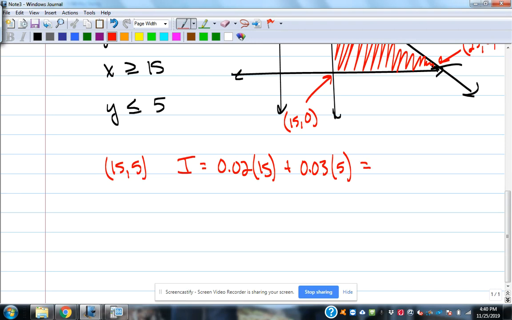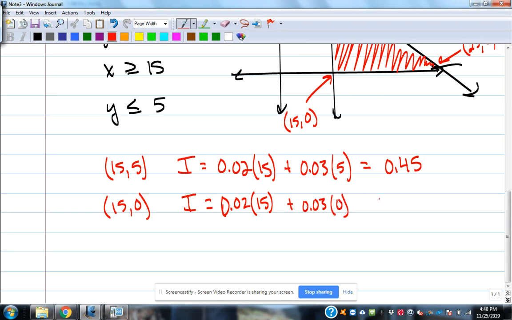All right, so it'd be 0.3 plus 0.15, which would be 0.45. And you can use a calculator to do that. We're just taking these ordered pairs and plugging them in. 0.02 times 15 plus 0.03 times 0, so x and y value, that'd be 0.30.